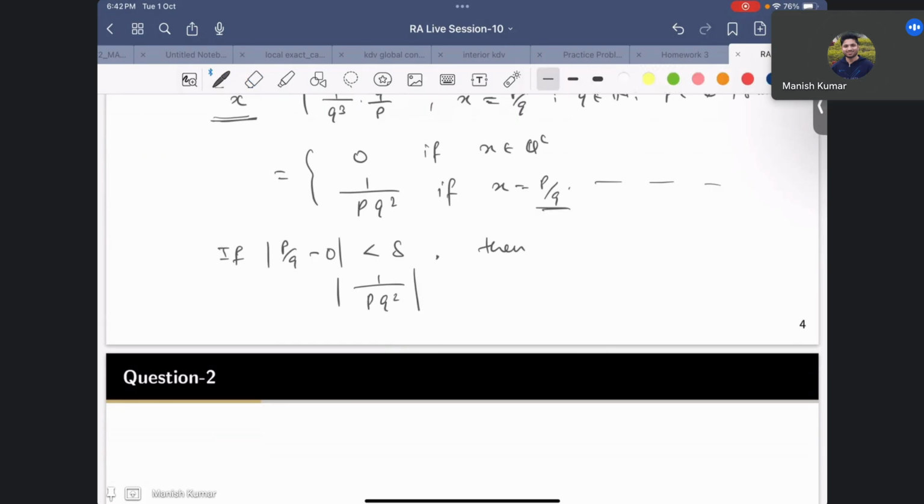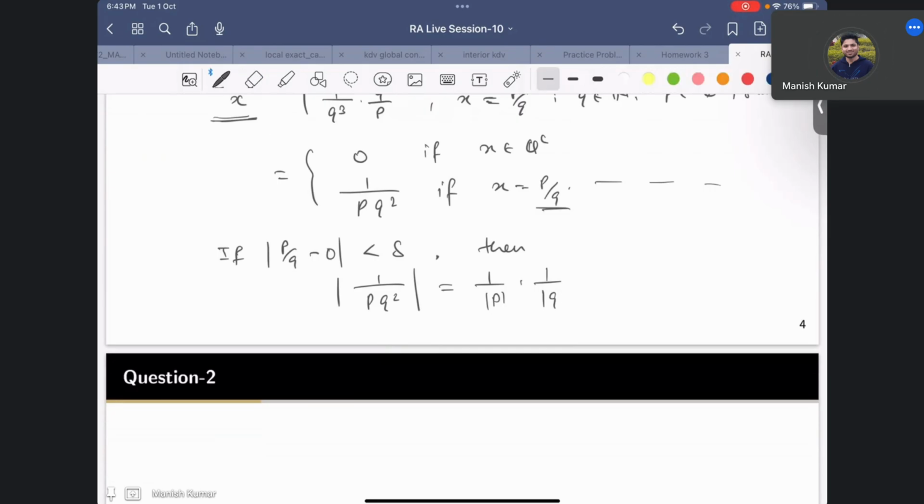So I have to somehow bring p by q into the picture, so that it becomes sorted. So let's separate it out: 1 by p and then 1 by q square.